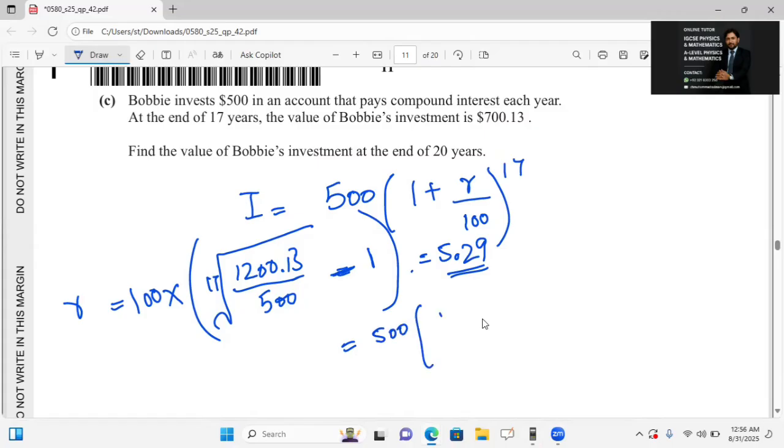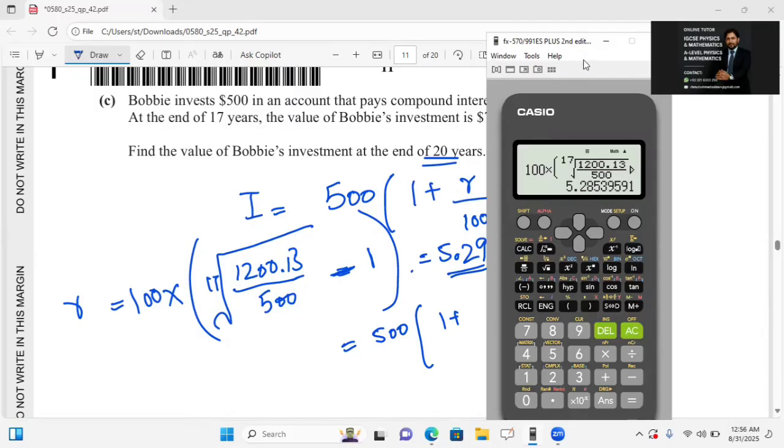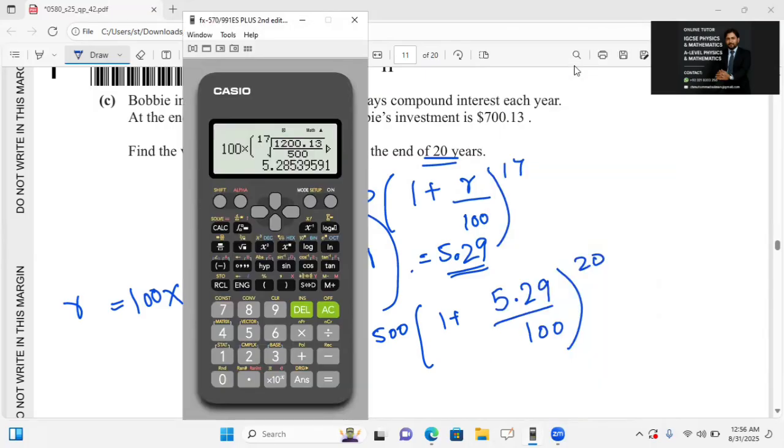Now for getting my total amount, I take 500 into 1 plus 5.29 over 100. At the end of 20 years, he's asking, so take the power 20. Let's go for simplification here.